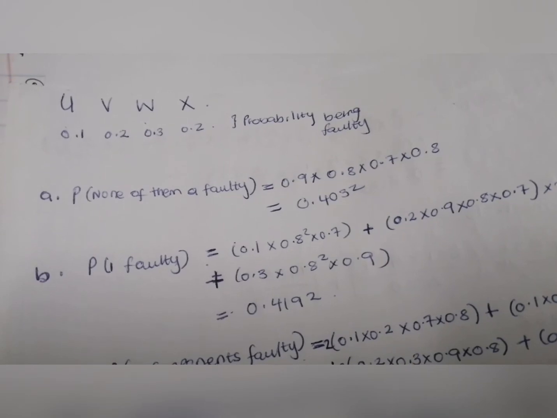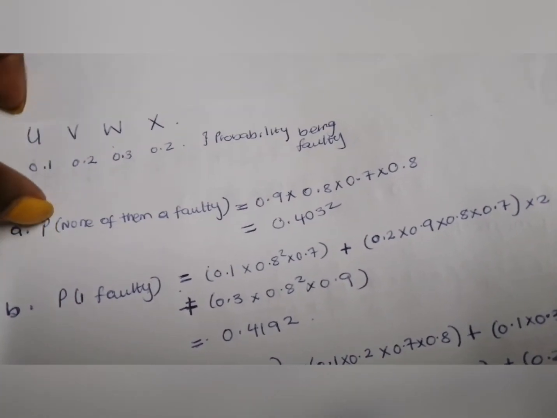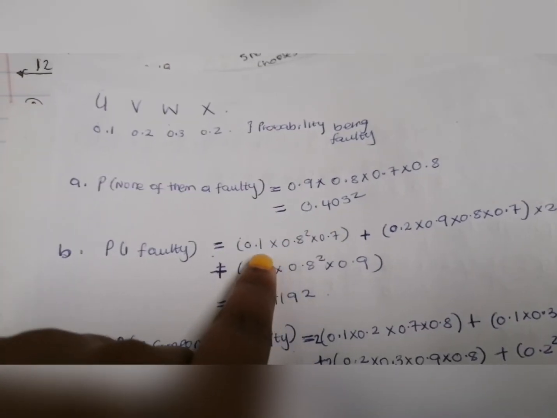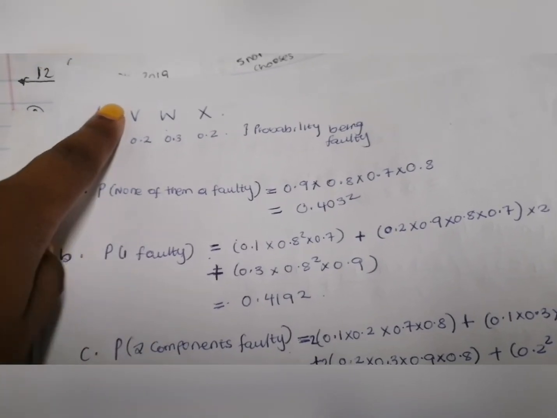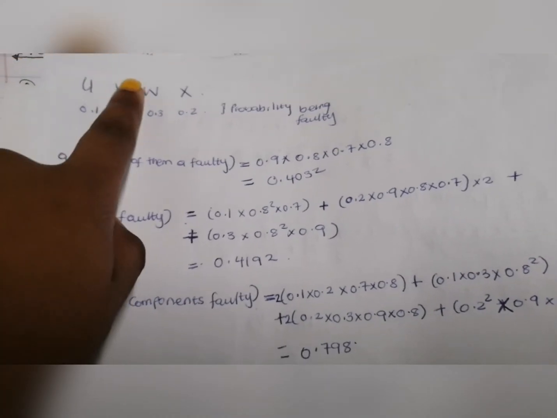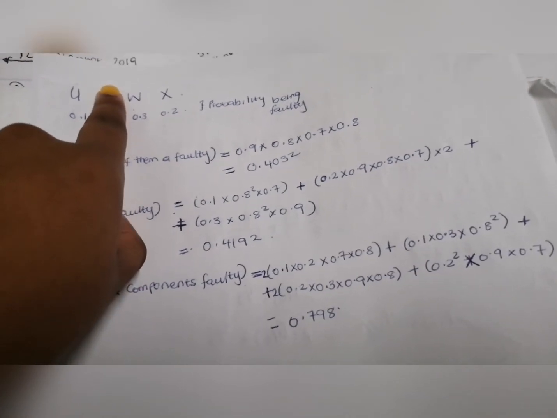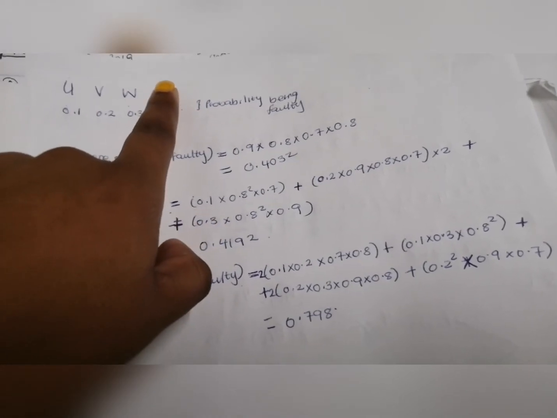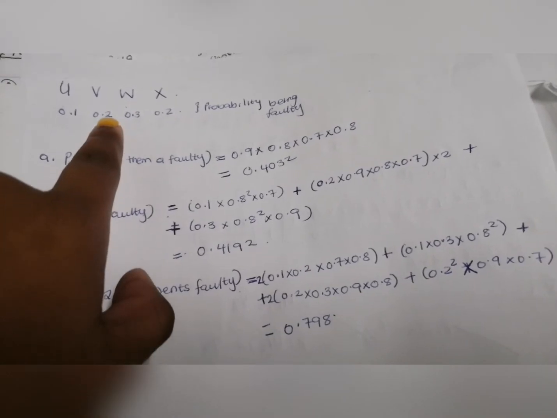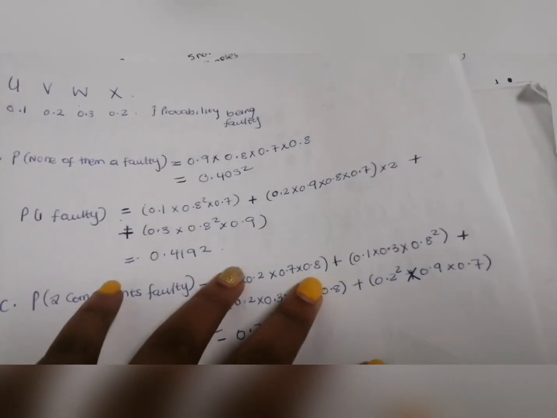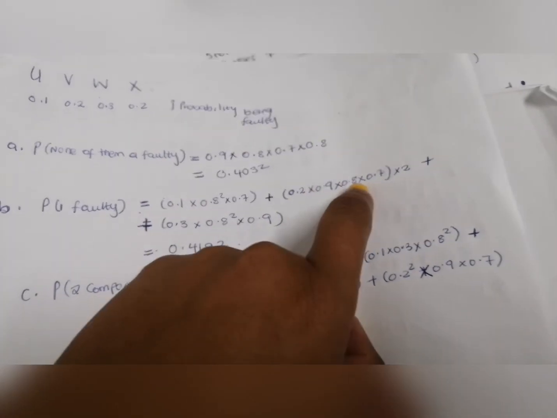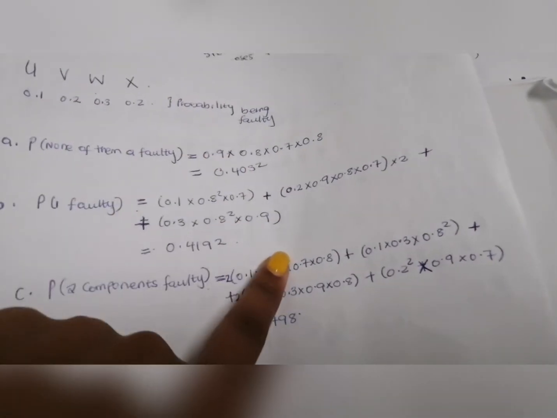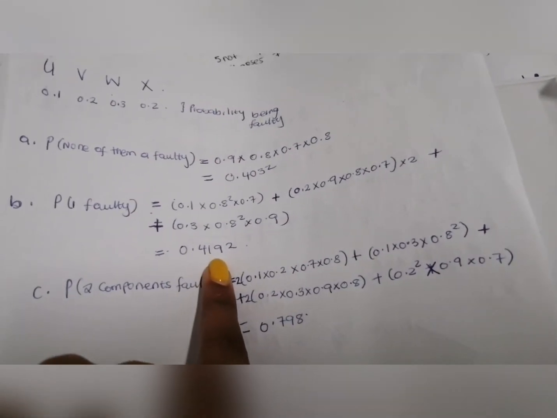So this one, it's when U is faulty plus when V is faulty plus when W is faulty plus when X is faulty. You saw that V and X have the same probabilities, so that's why I always say times 2 here, because I'll have this term repeating itself, right? Then you will get those.